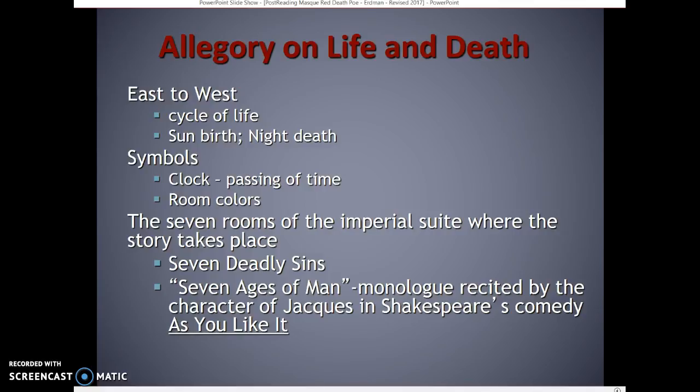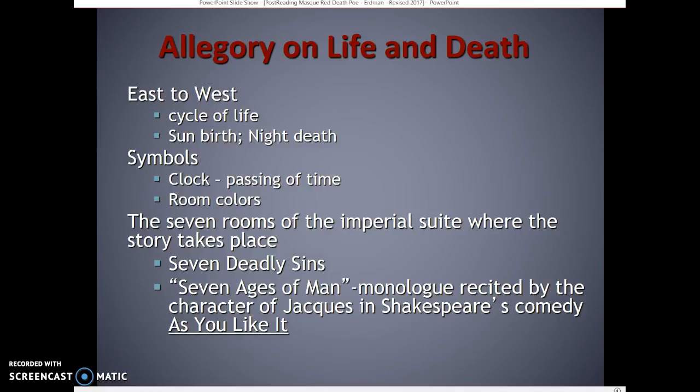You have the symbols as well. The clock is the passing of time, the clock being a major piece in the short story. So you want to make sure that you understand the clock, as well as the room colors. Those are all symbols. And the 7 rooms also can stand for 2 other things: the 7 deadly sins, which we'll look at in a few minutes, or the 7 ages of man.